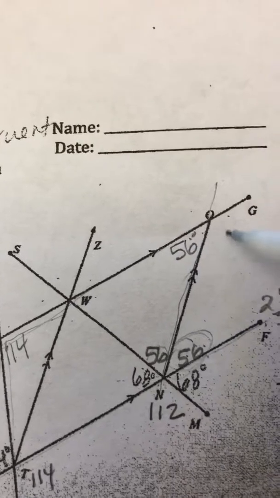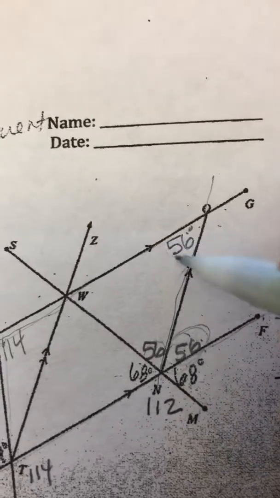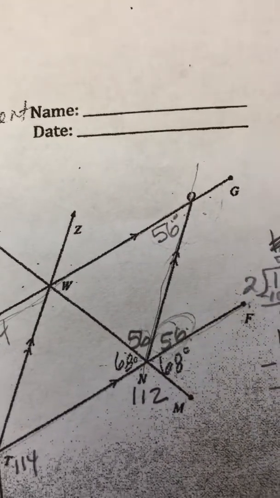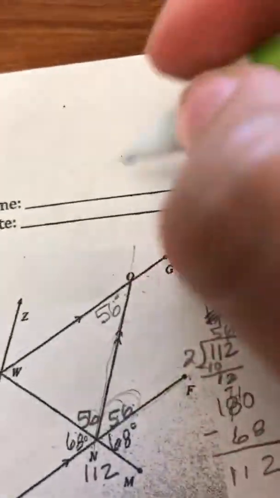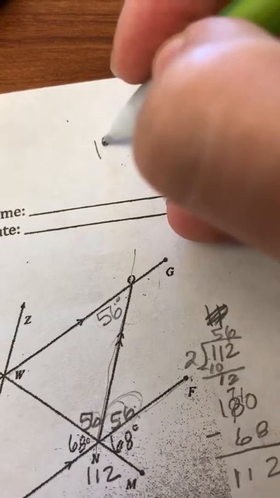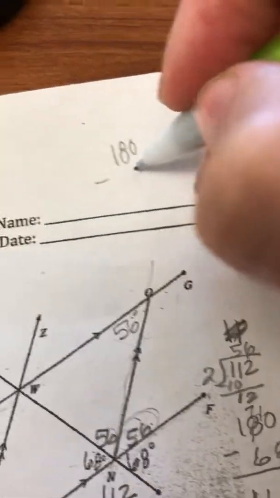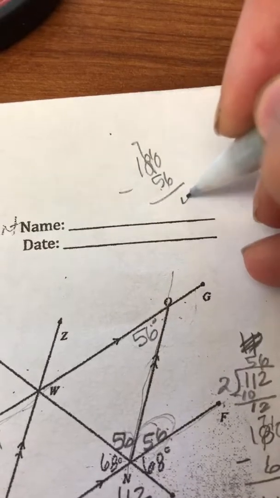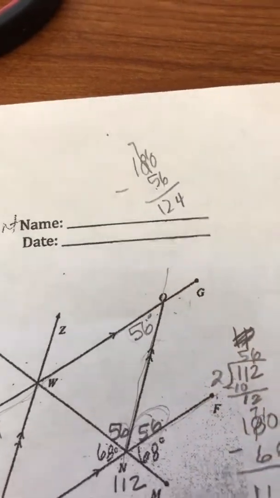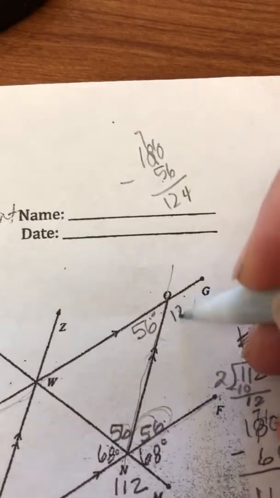I might find now this angle, because it has a relationship with this one, that relationship is a linear pair. So remember, to find a linear pair, I just find any space and do 180 minus the given angle. So this angle is 124. Okay, here I go.